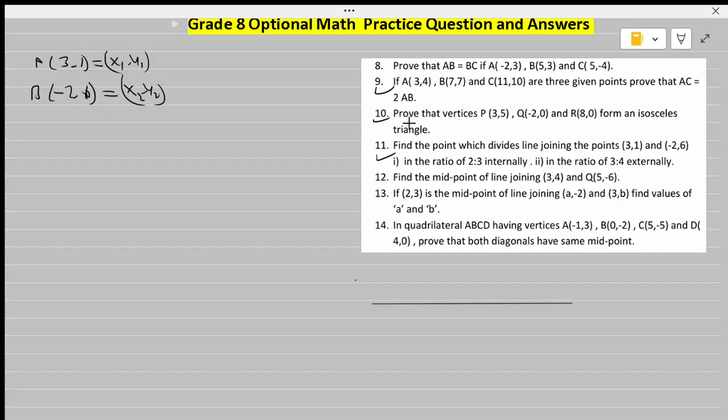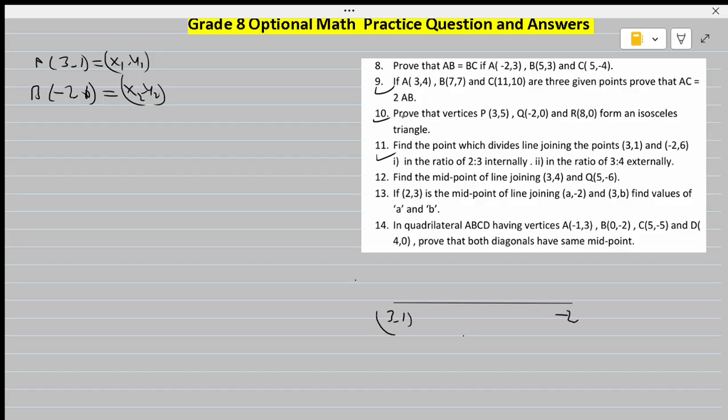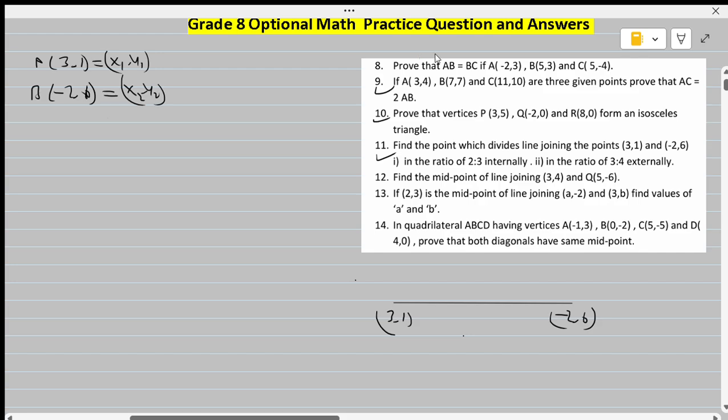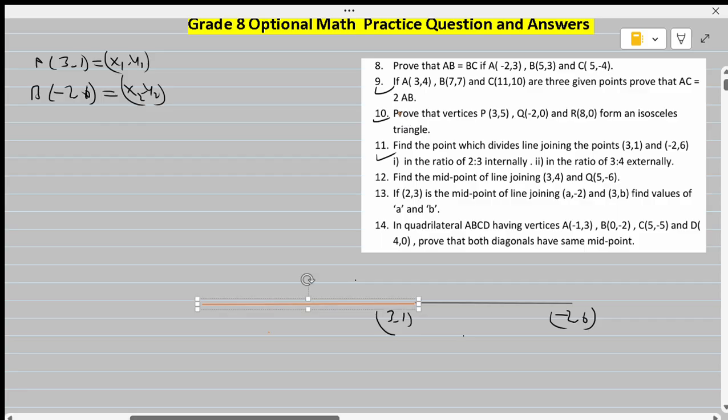I'm making a line here, this is the line, just taken straight. So 3, 1 is the first point, and minus 2, 6 is the second point. And now the dividing point divides the line in the ratio of 3:4, but externally. So here the dividing point will lie on the same extended line, but it should be from outside.